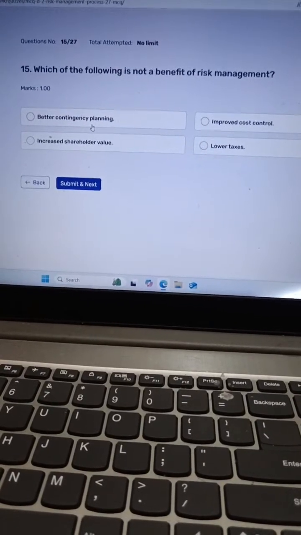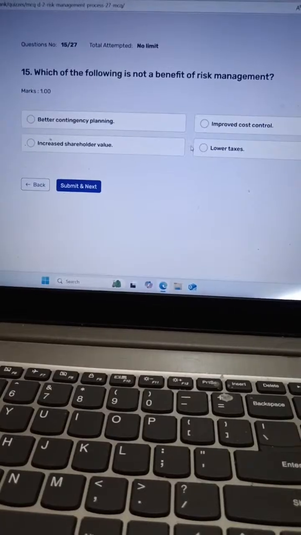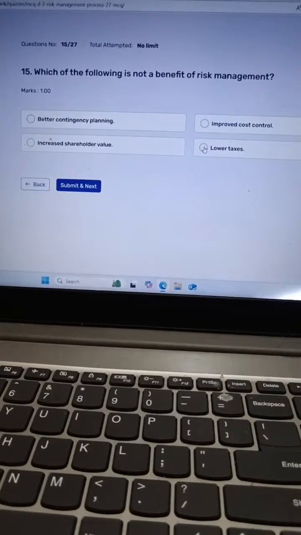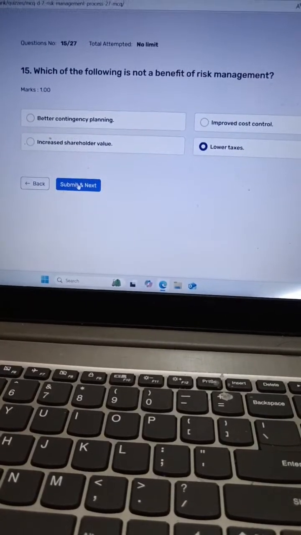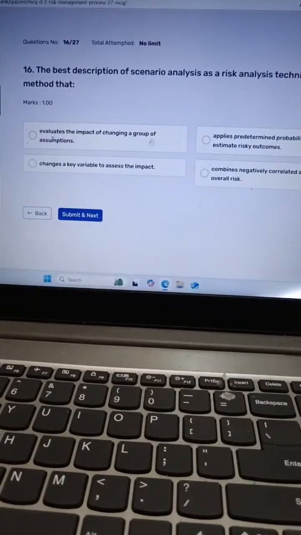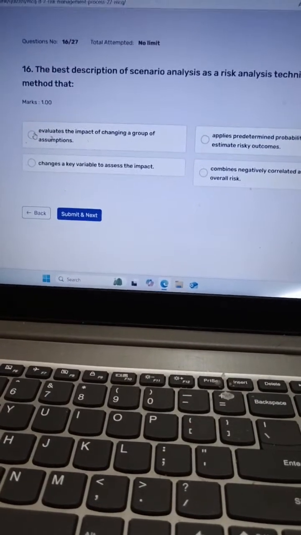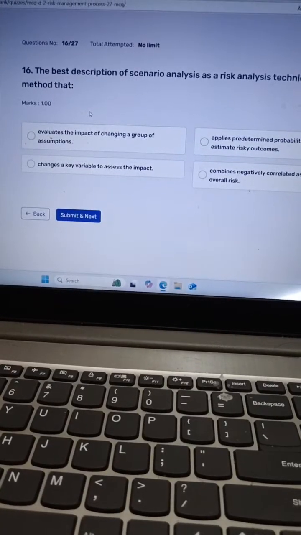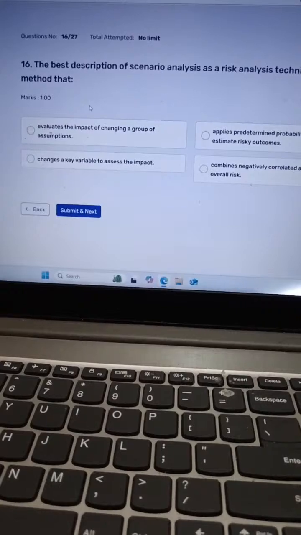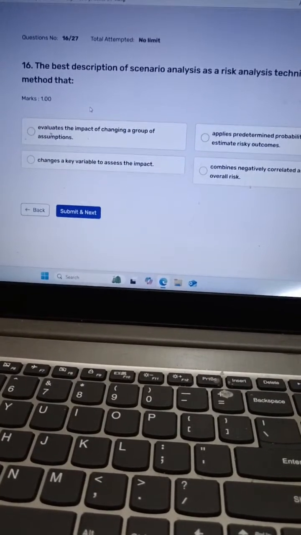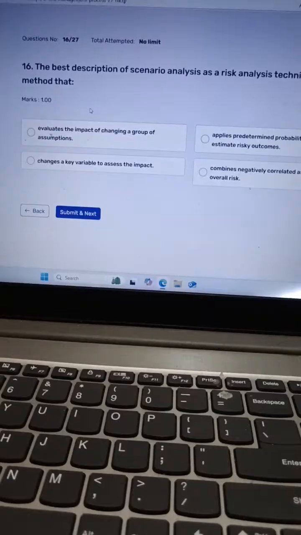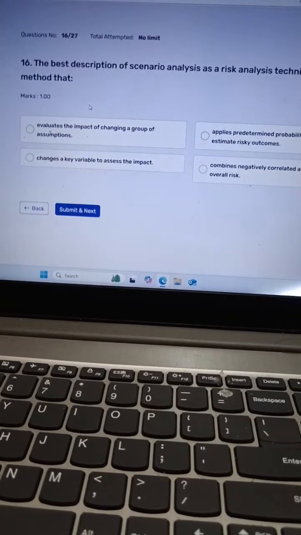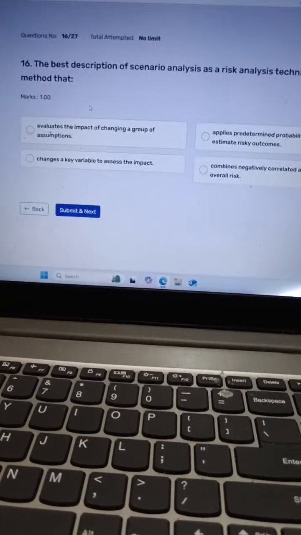Better contingency planning is okay, improved cost control is okay, increased shareholder value is also okay, but lowering tax is not a part of risk management. We cannot reduce the tax rate only by applying enterprise risk assessment. Other than that, compliance and government liabilities can be managed, but we cannot reduce the tax.